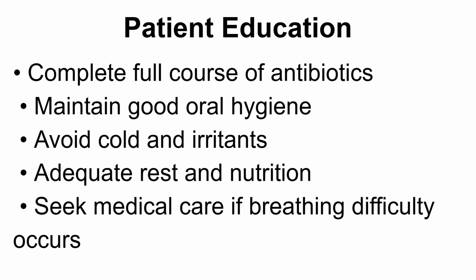Remember for exam, tonsillitis affects the palatine tonsils in the oropharynx, while adenoiditis affects the adenoid tissue in the nasopharynx. Early diagnosis, appropriate treatment, and proper nursing care help in preventing complications and promote recovery.